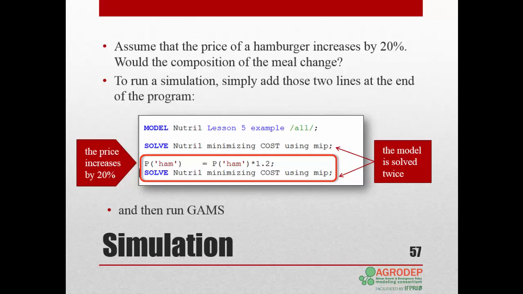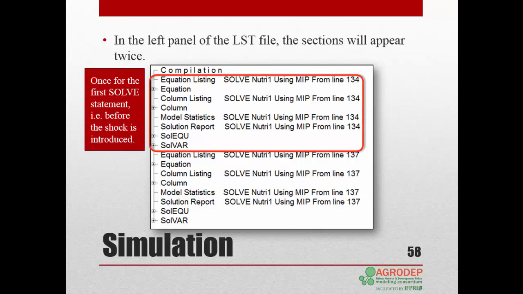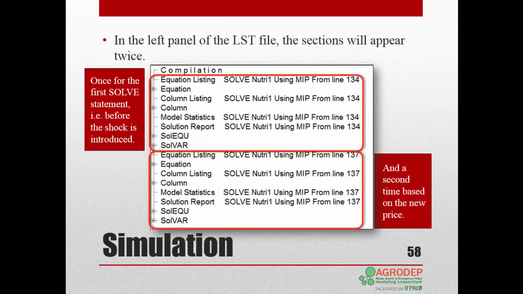Run the model as before. If the model ran correctly, you should see the following in your list file. The section in the left panel will appear twice: once for the first solve before the shock at line 134, and once for the second solve after the shock at line 137.